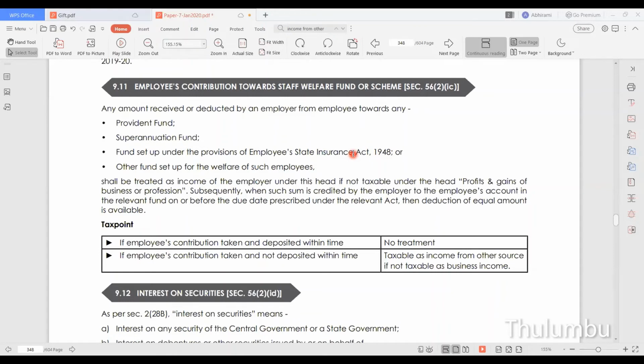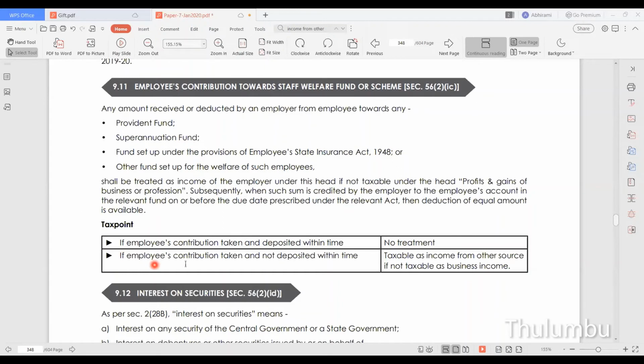So if the company takes the contribution from the employee and does not deposit it, but if the employee contribution is taken and deposited within time, then no treatment.